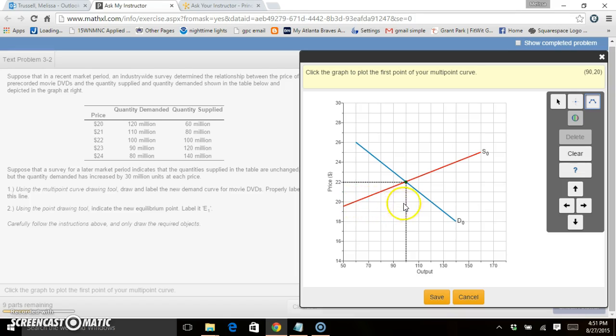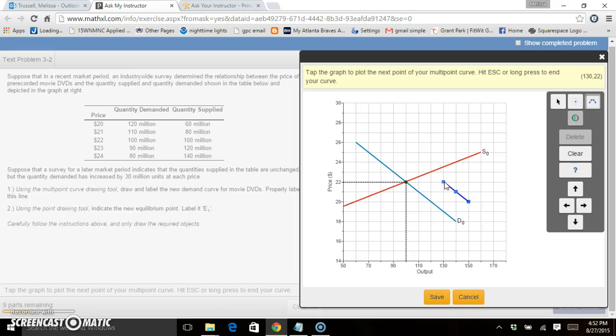So I'm going to go over on the 20 line to 150, and I'm going to put my first point there. The second point, at 21, it used to be 110 million. Add 30 to that, so now it's 140 million. So at 21, I'm going to put a point at 140 and go on down the table like this. At 22, it used to be 100, so now it's 130. It'll be right here.